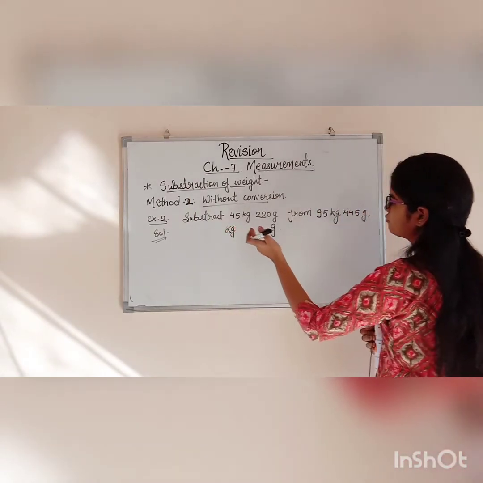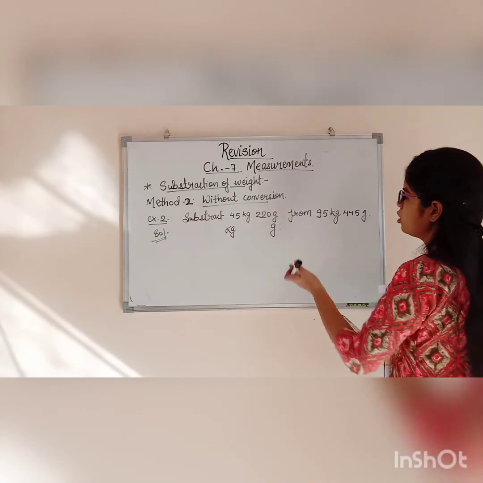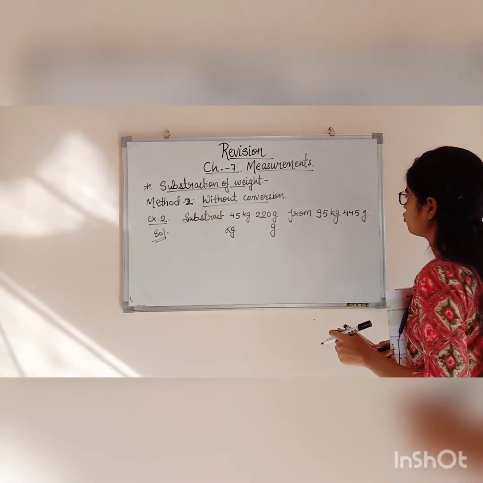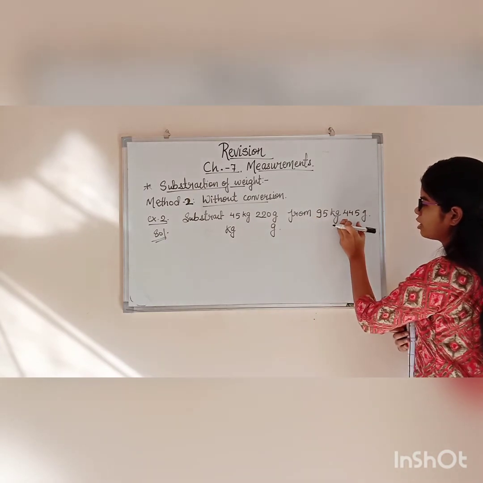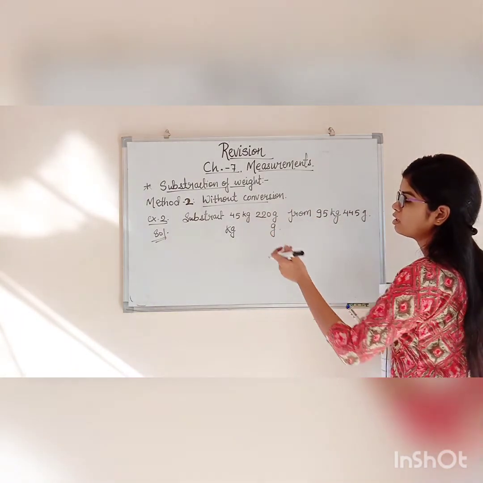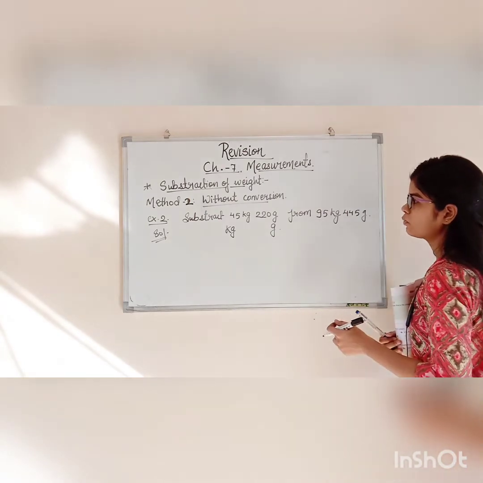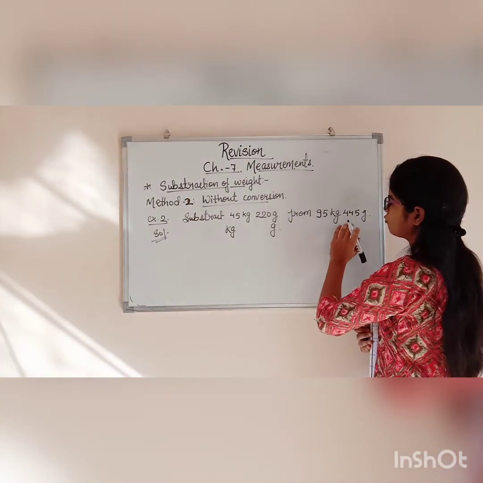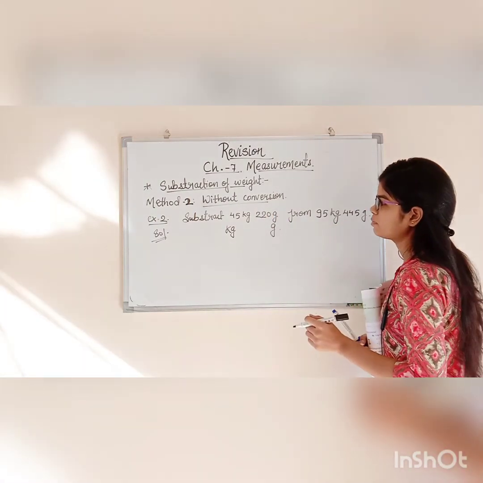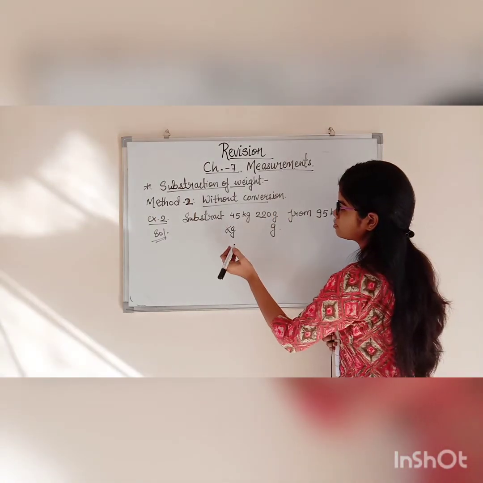We have to subtract 45 kilogram and 220 gram from 95 kilogram and 445 gram. It means from 95 kilogram and 445 grams we have to subtract 45 kilogram 220 gram.